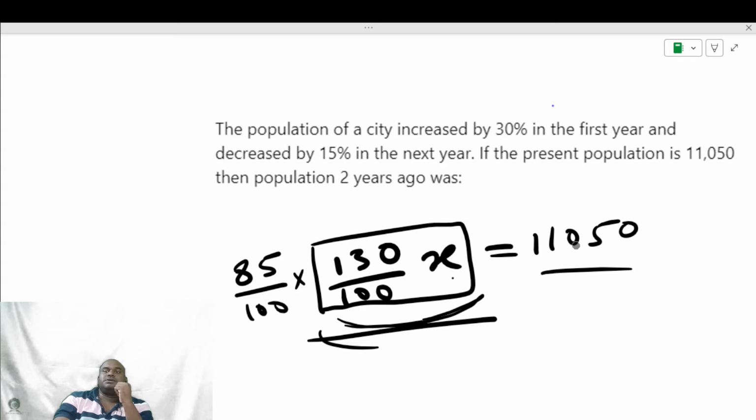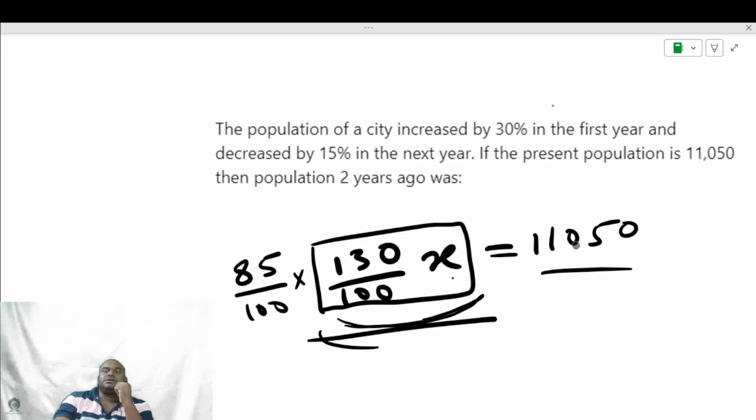13,000. Again, what happened? Decreased by 15%. 15% decrease means 10% is 1,300, 5% is 650. So 1,300 plus 650, 1,950.